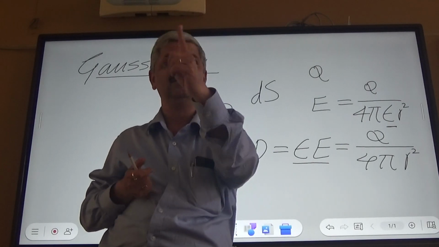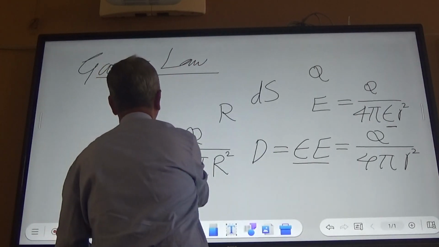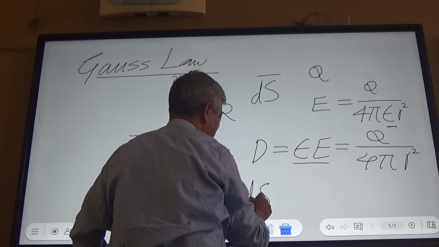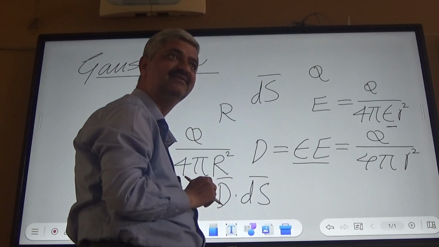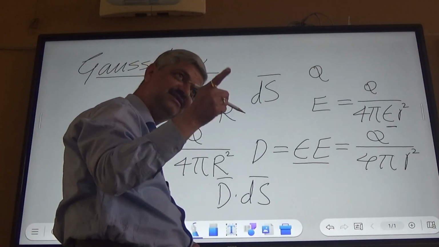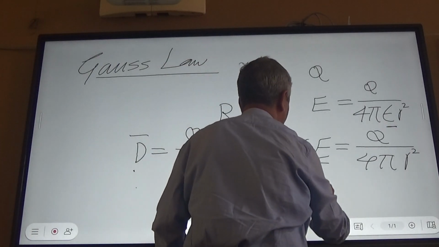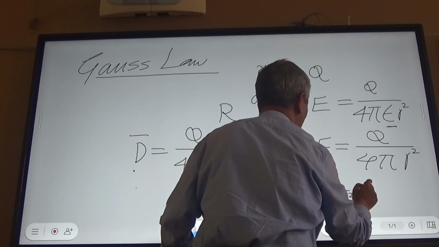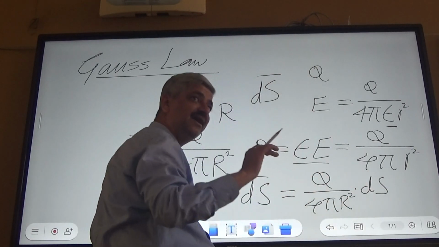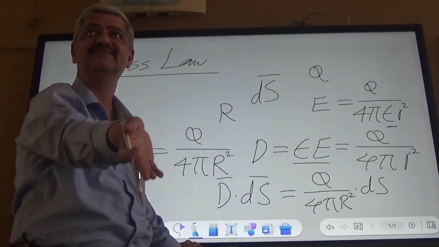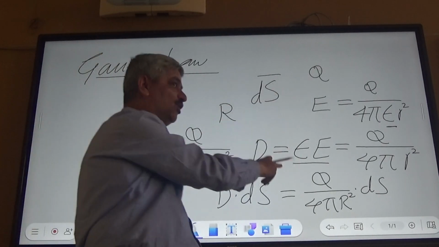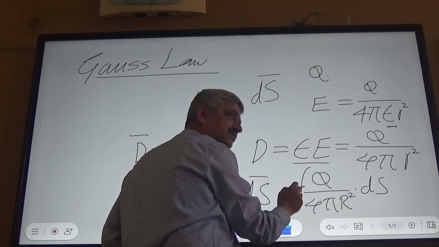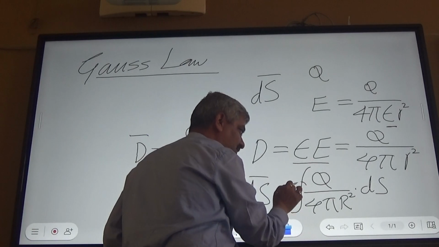Dot product. It is D dot ds. What is that? Since both are in the same direction, it would be Q upon 4 pi r square into ds. Right? And what would it be over the entire spherical surface? It is a surface integration over a closed surface.